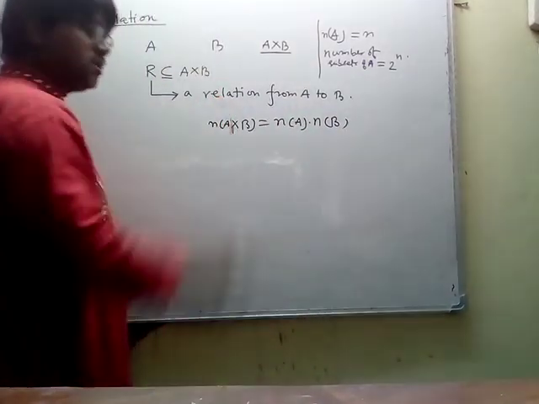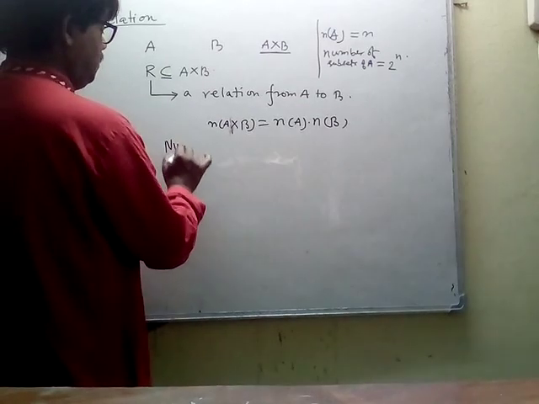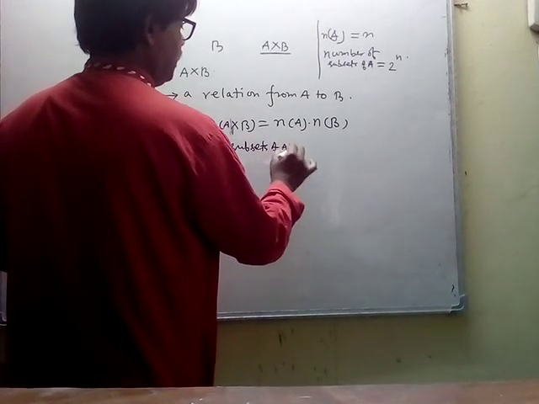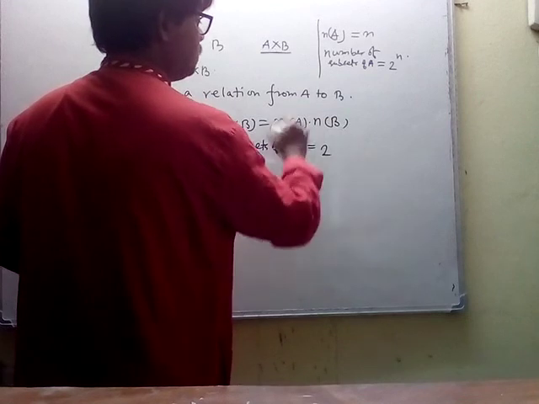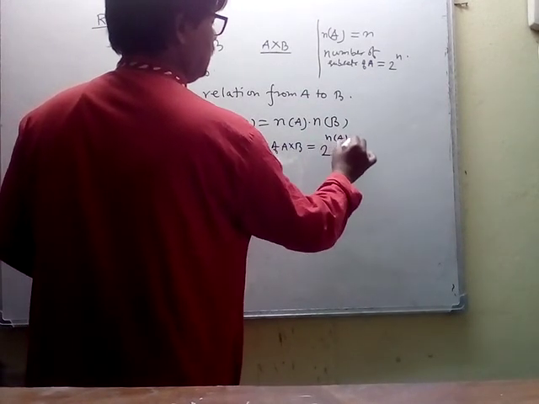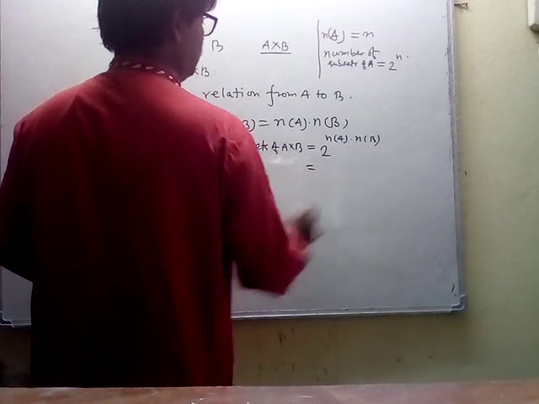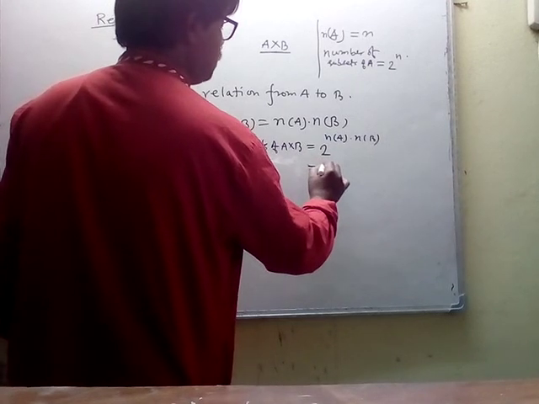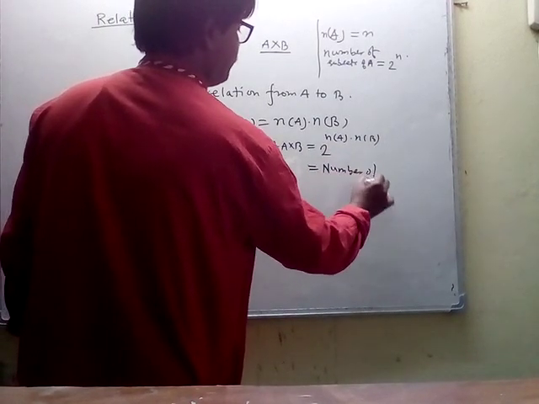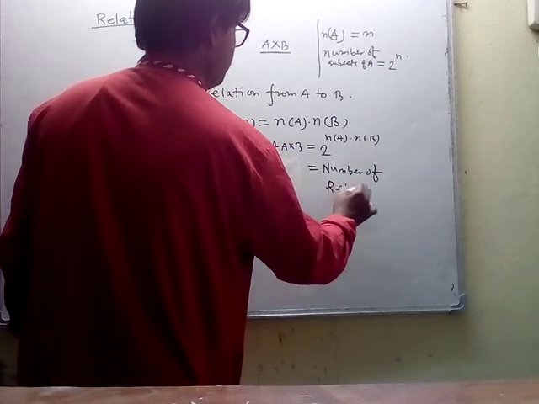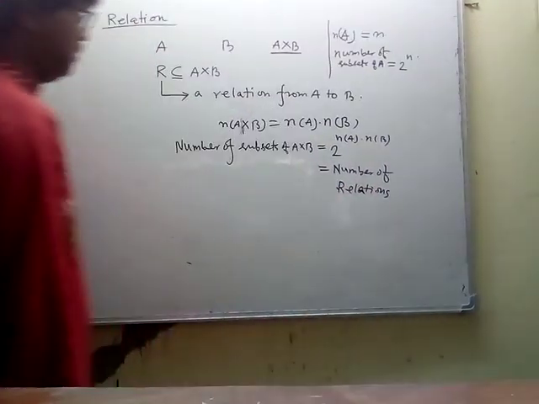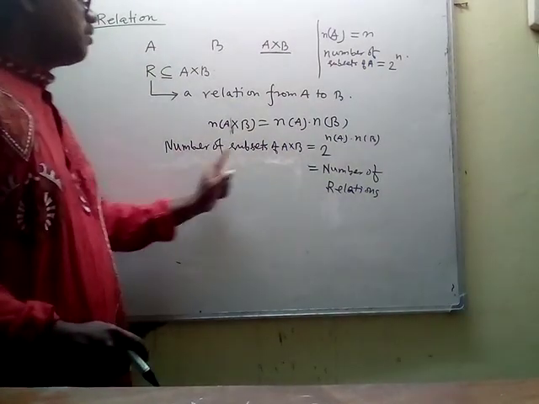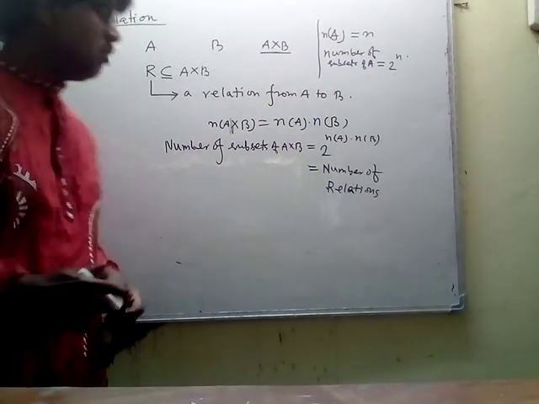Then the number of subsets of A cross B equals 2 power n(A) into n(B). This is the number of relations, because every subset of A cross B is a relation, that is, the number of subsets of A cross B equals the number of relations.